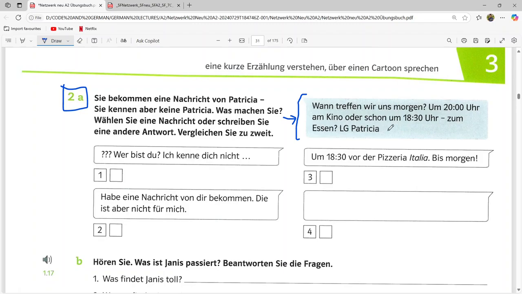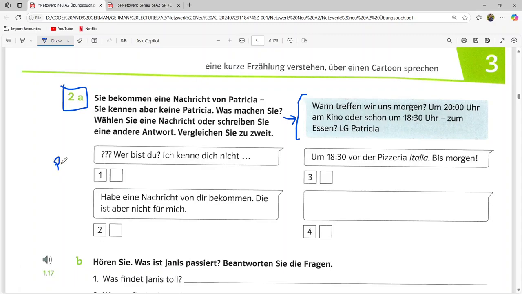Liebe Grüße, Patricia. Okay, this is the message. And you don't know any Patricia. So how will you respond? You can respond like this with 3 question symbols. Wer bist du? Who are you? Ich kenne dich nicht. I don't know you. So this is the reply you can do.